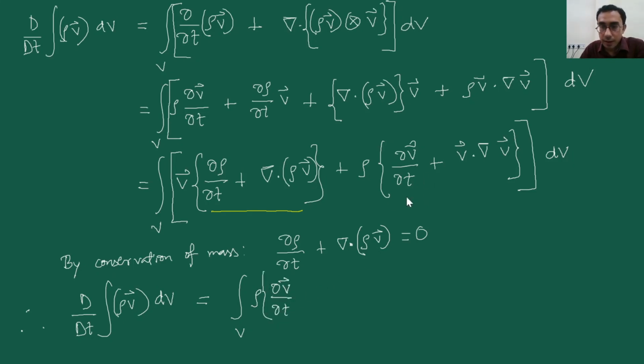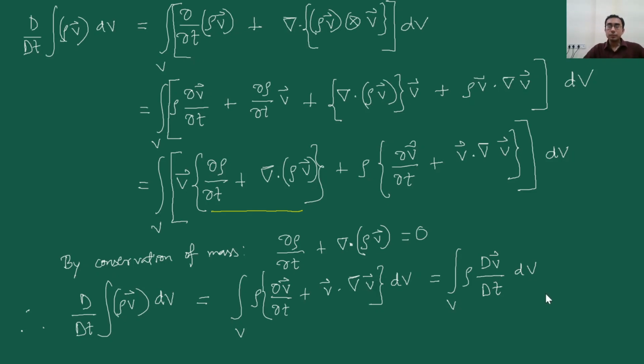So basically I'm just rewriting this term here. And what is this particular form? This is nothing but the material derivative of the velocity vector. So this is rho dv dt.